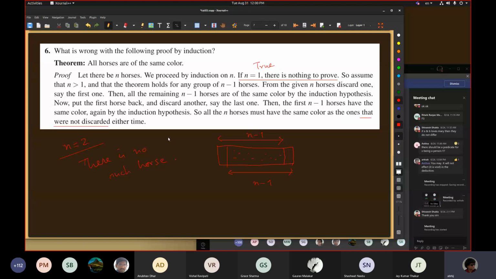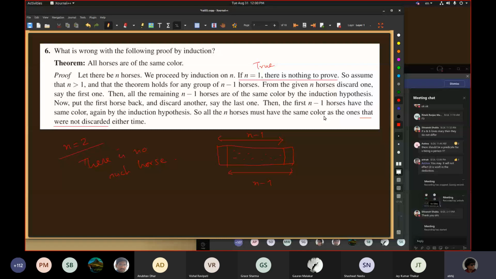Yes or no? Yes, sir. Okay, so that's the fallacy here. So all n must have the same color as the ones. Now, if there is no such horse, then this argument cannot hold. Right? Yes.